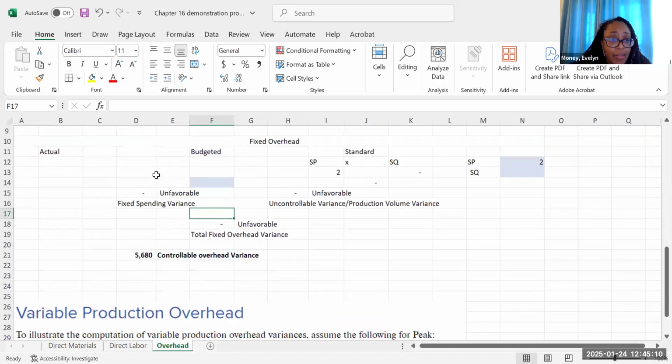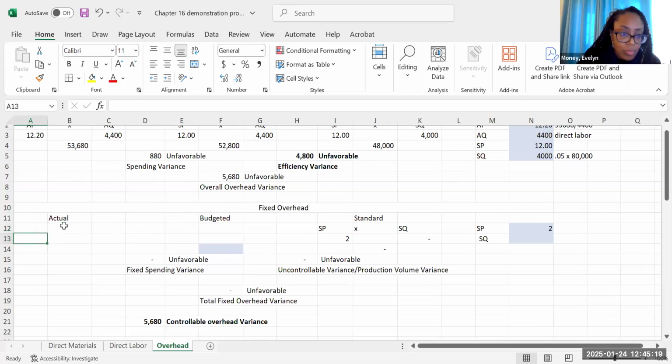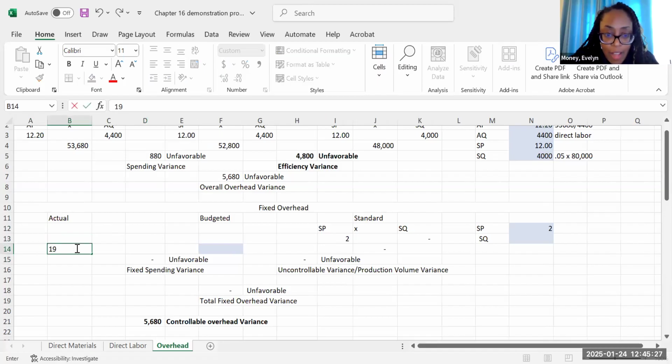So let me plug that in. I'll put it in the right cell, B14, 195,500.